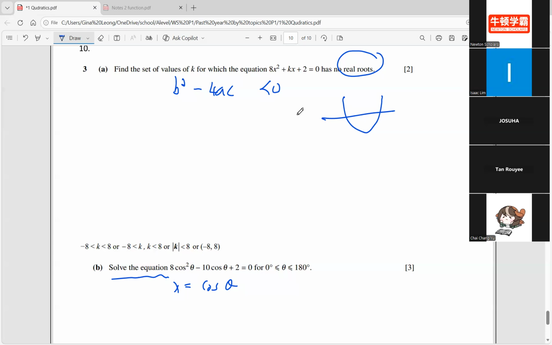Because chapter 3 is the hardest topic for P1. Chapter 2 also, but chapter 2 not much, because chapter 2 only starts from the transformation of function topic.